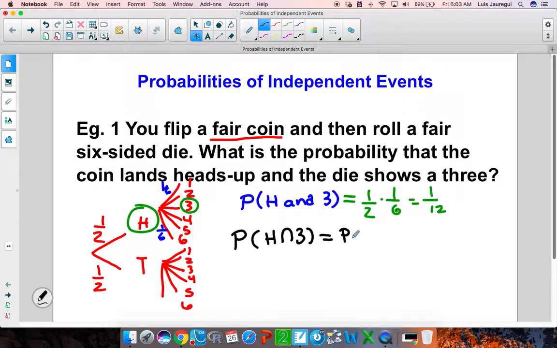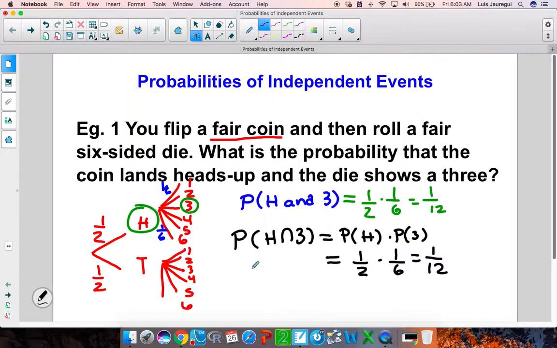In other words, we have the probability of H times the probability of 3. We know that the probability of H is 1/2 and the probability of a 3 is 1/6. And notice that's exactly what we obtained based on our tree diagram, so that's still 1/12.